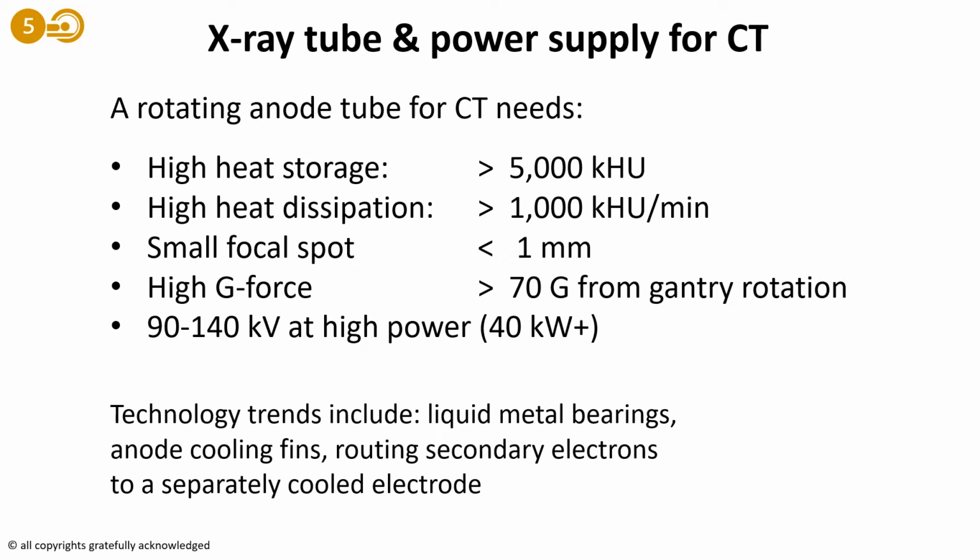This includes liquid metal bearings, cooling fins on the anode, and the routing of secondary electrons to a separately cooled electrode so that they don't go back onto the rotating anode and increase the heat on that. While there have been improvements within X-ray tube technologies, in some ways there have been fewer major changes here than in some other areas of CT technology.